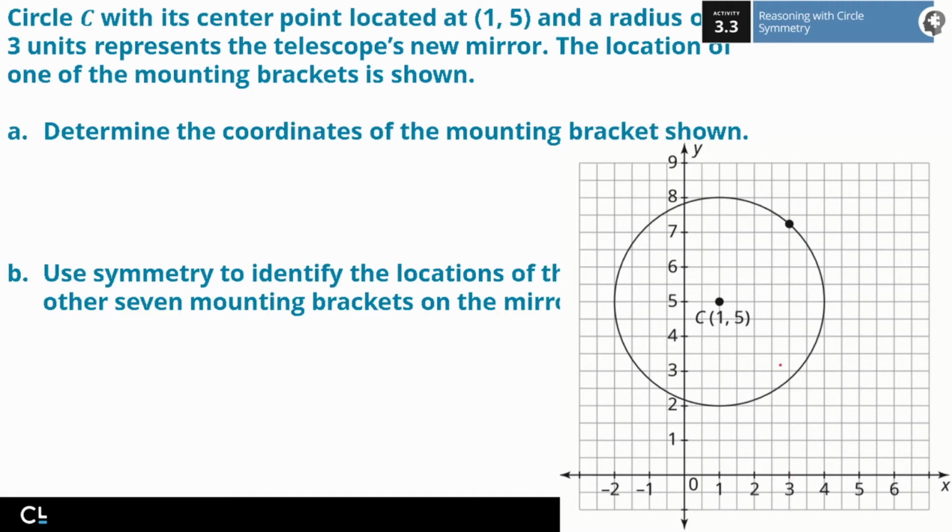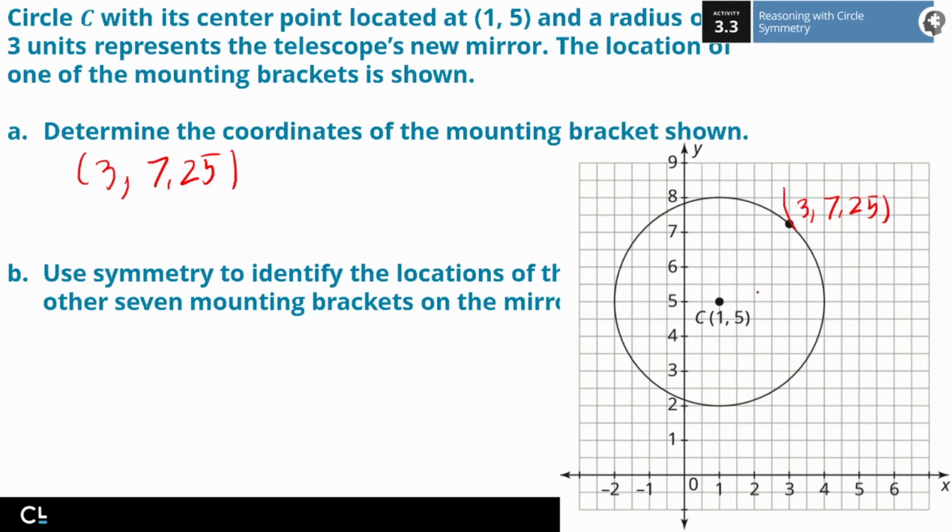We know it's going to be at 3, and probably 7.25. So it's going to be at 3, comma 7.25. There's our units. Now, how do we know if this is definitely true?